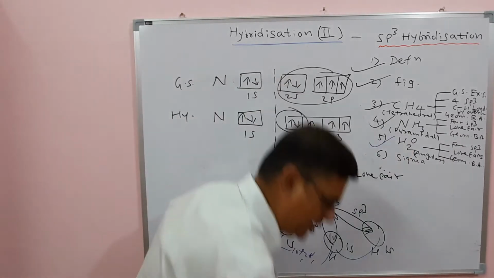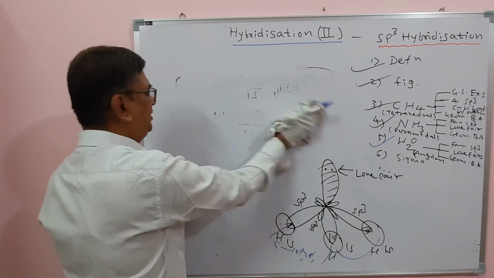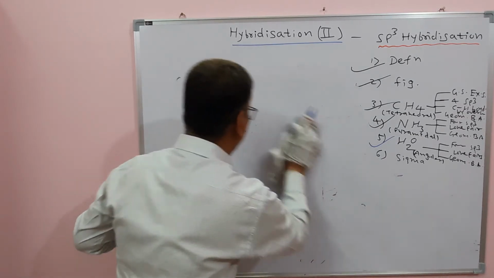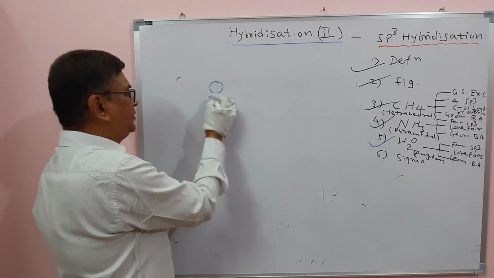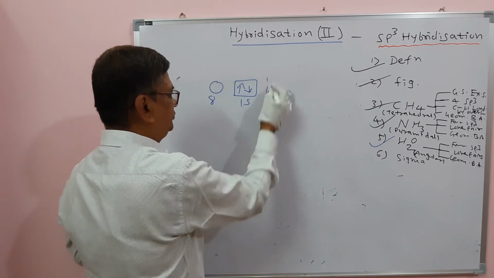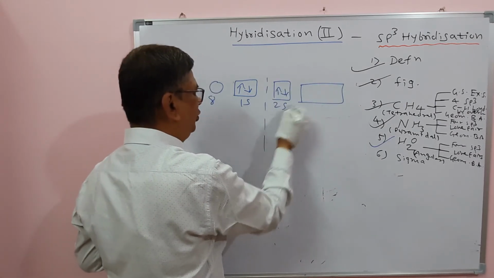Now we take one more example, that is water. Water that we drink is also formed by sp3 hybridization, in which oxygen has sp3 hybridization. What happens there? Oxygen, we know, has atomic number 8, and the configuration in block diagram is 1s2, 2s2 and 2p4.